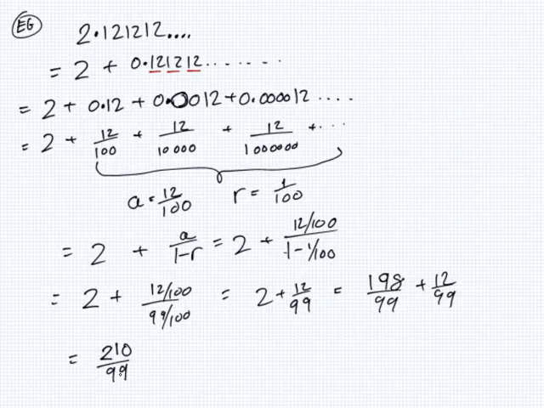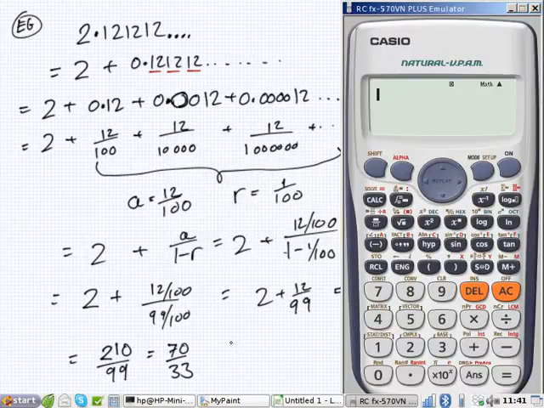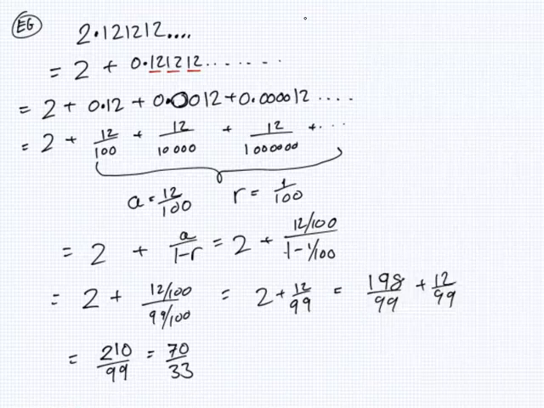Hang on, no calculators. Now, I can see that 3 goes into both of them. So if I divide the top by 3, I get 70, and the bottom by 3, I get 33. Okay, let's check it. 70 divided by 33. Yes. Okay. Please write this one down.